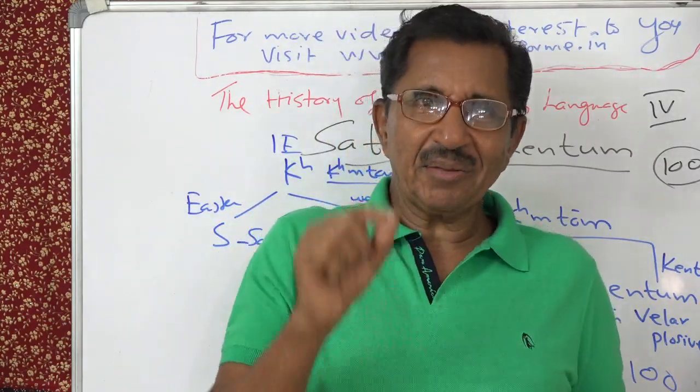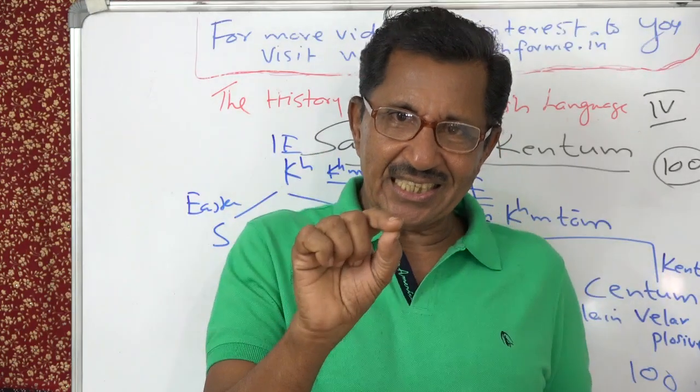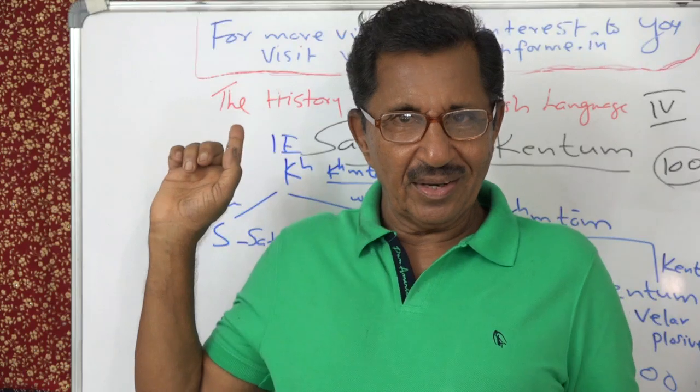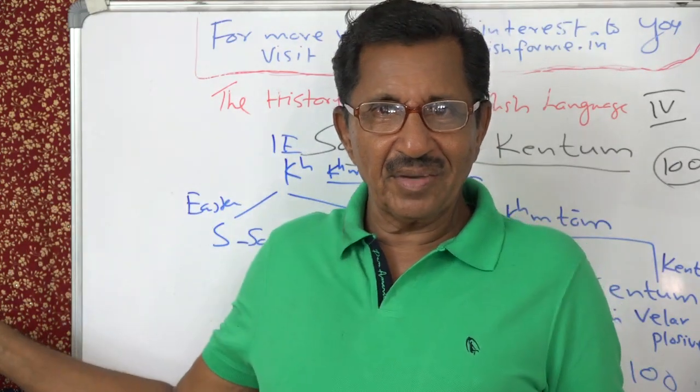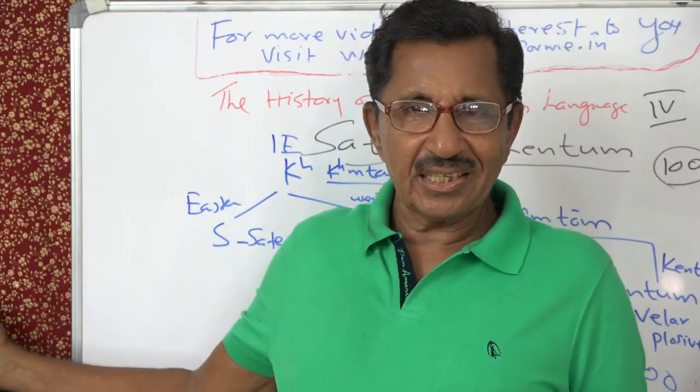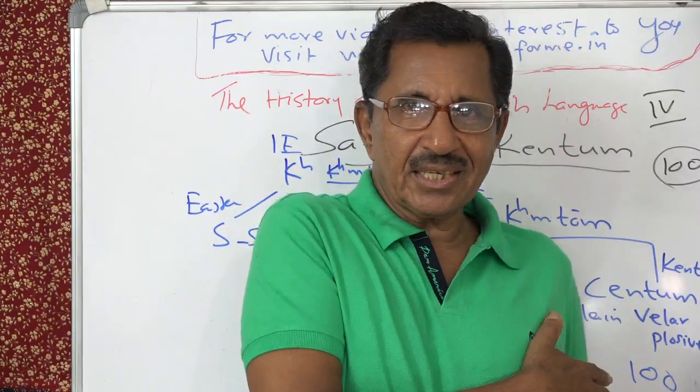The difference in the pronunciation of the initial sound of the word meaning 100 in Indo-European. In Eastern it became S, in Western it became K. The Eastern example is Satem, Western example is Kentum.